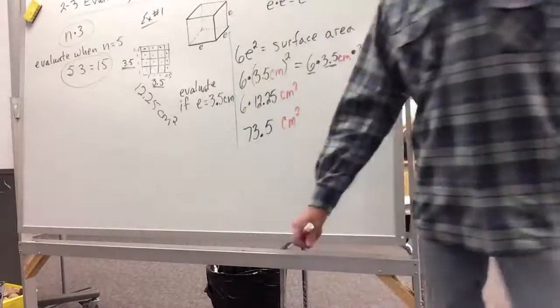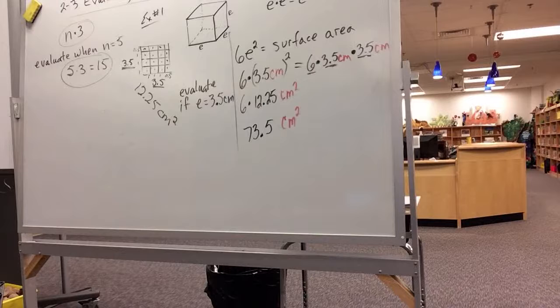So what's in red is just the units, and black would be the numbers that you're actually multiplying and working together.